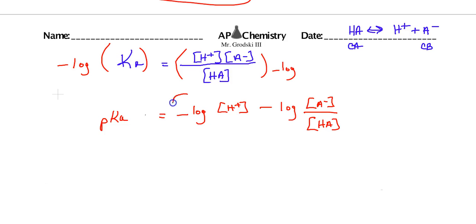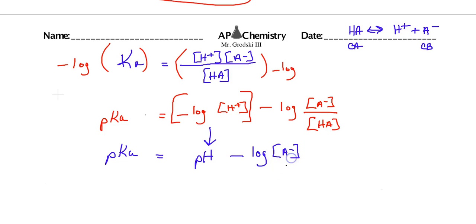Now we know something. Negative log of the H plus, the reason why I separated it, is going to equal what? The pH. Look here: the pKa is equal to pH minus the log of the conjugate base over the conjugate acid.